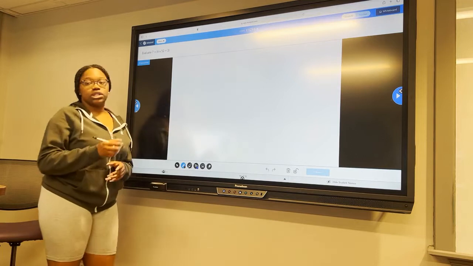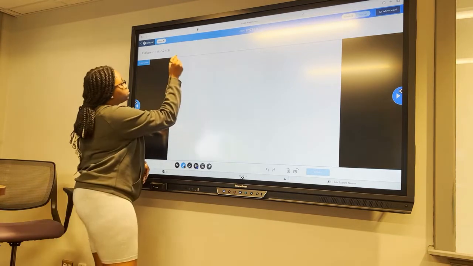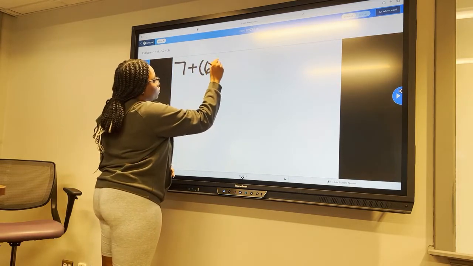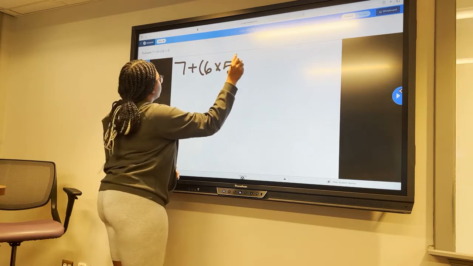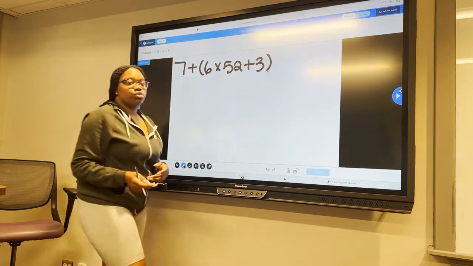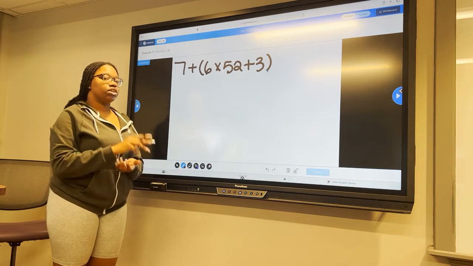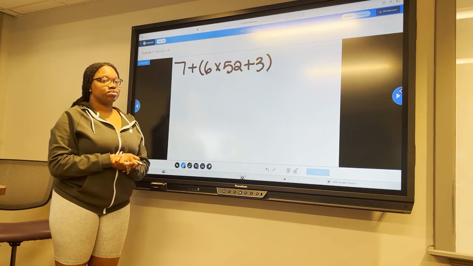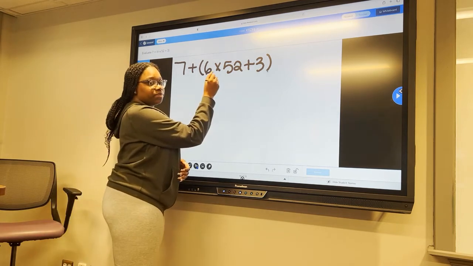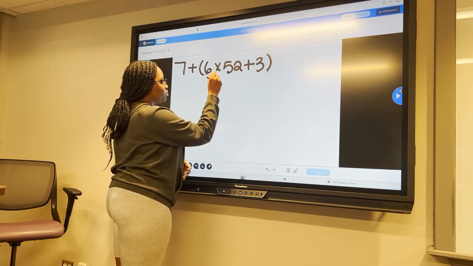Let's evaluate 7 plus 6 times 5 squared plus 3. Who can raise their hand and tell me what's the first step? Talia: You do 5 squared, in parentheses. And what would you get? 25, so 6 times 25 is 150.